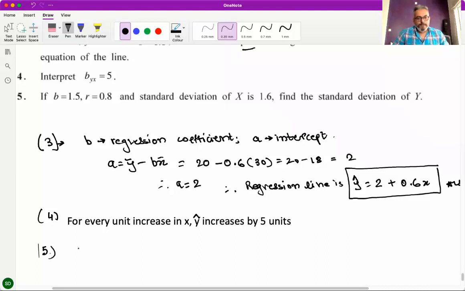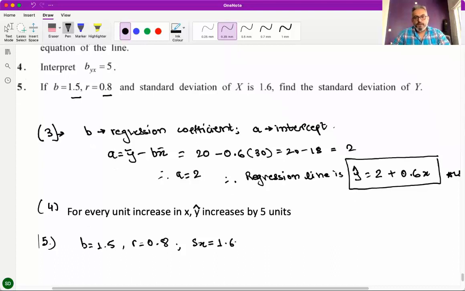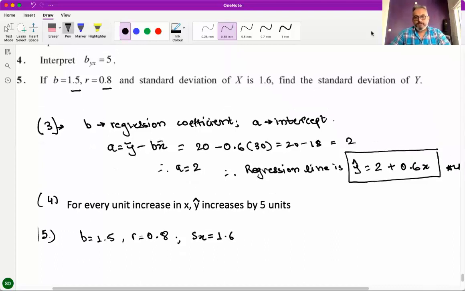Fifth, b is equal to 1.5, r is equal to 0.8. Standard deviation of x is equal to 1.6. Find the standard deviation of y.